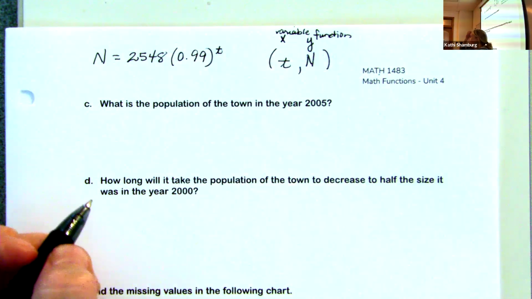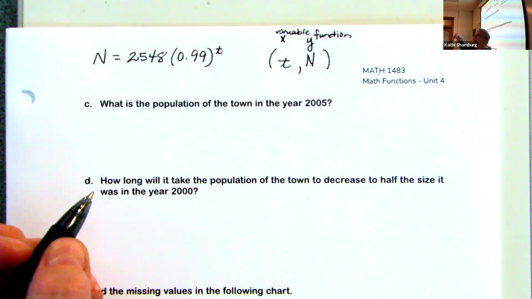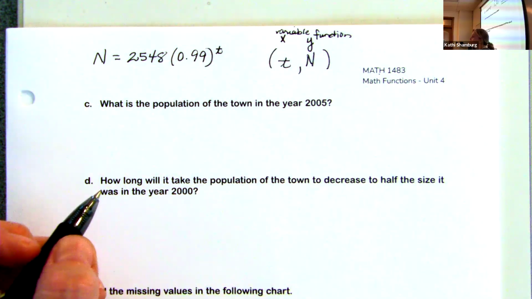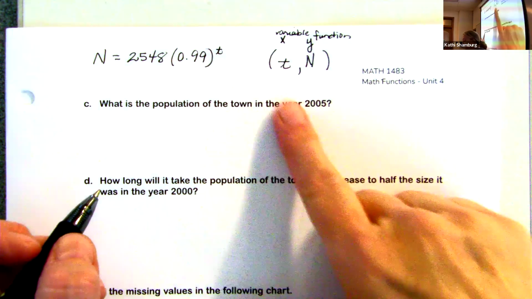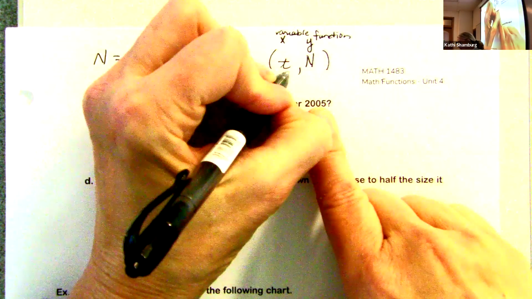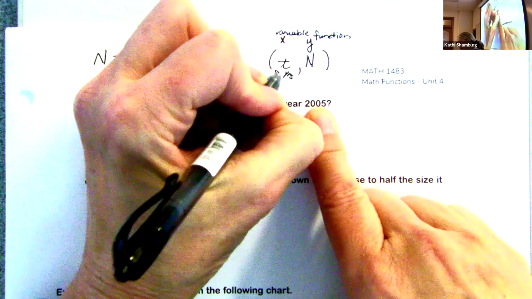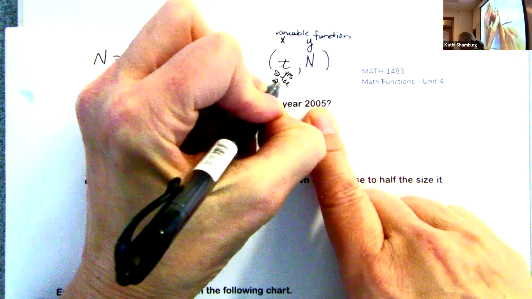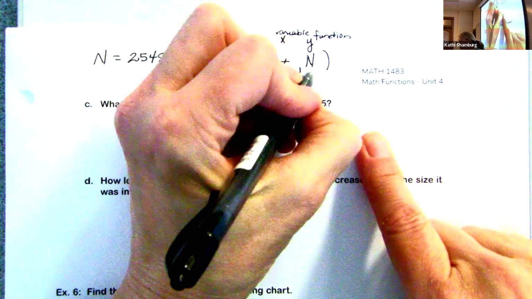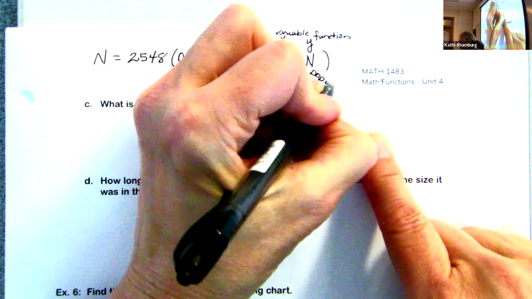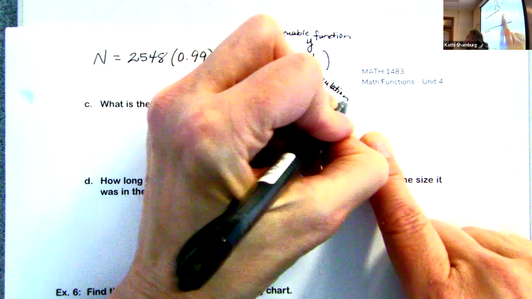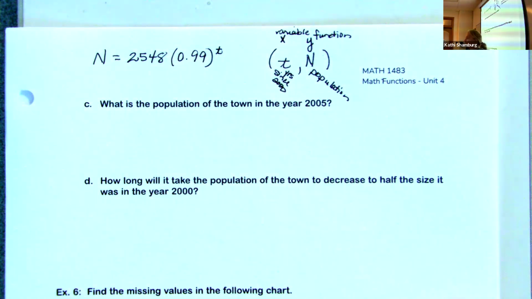So the ordered pair does not include the rate and the initial value. You use those in the equation, but not in the ordered pair. And t, if you remember, was years since 2000, and n is your population.